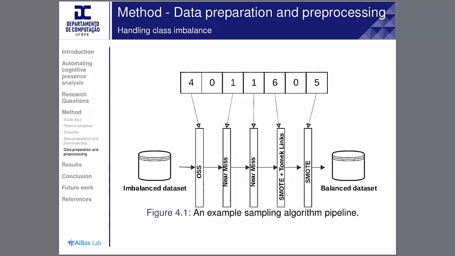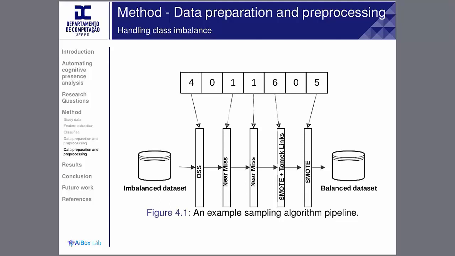As I told you, we give an imbalanced data set to this pipeline, and the data set is balanced in each layer. So we have a pipeline of sampling algorithms, and the output is a data set that was balanced by each algorithm in the pipeline.